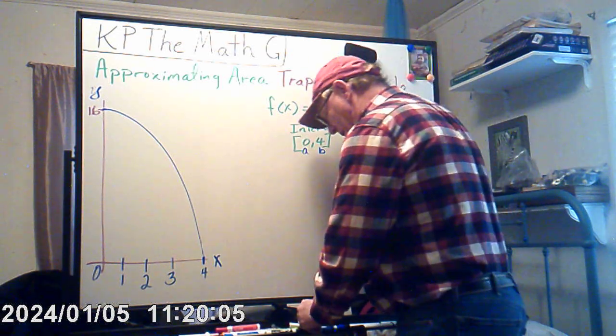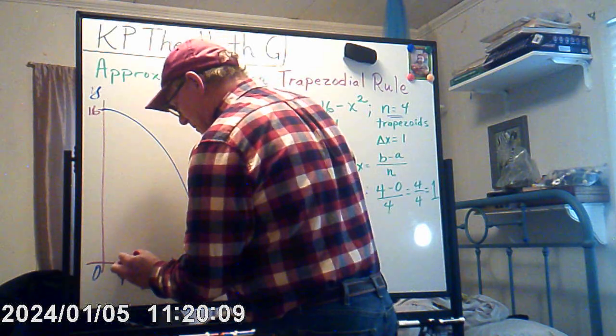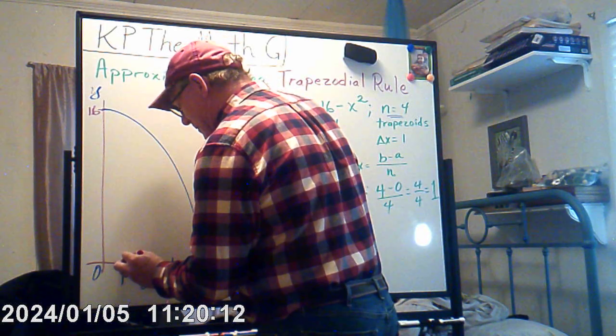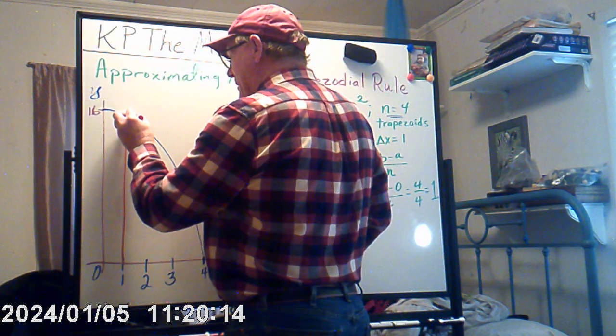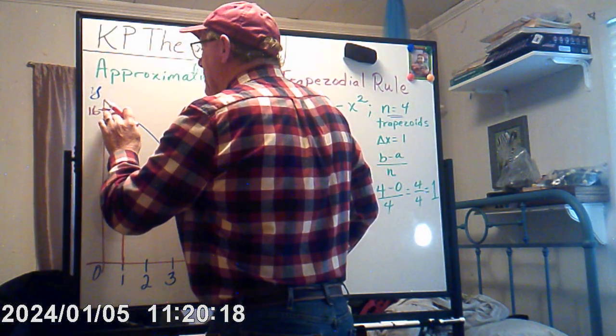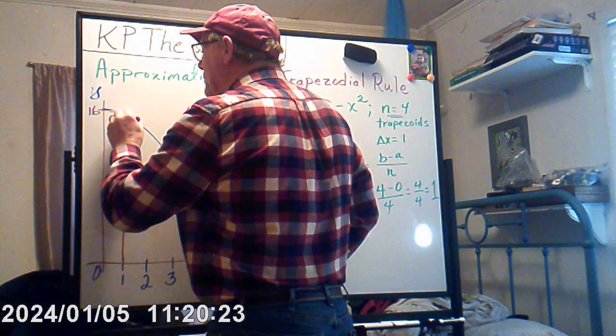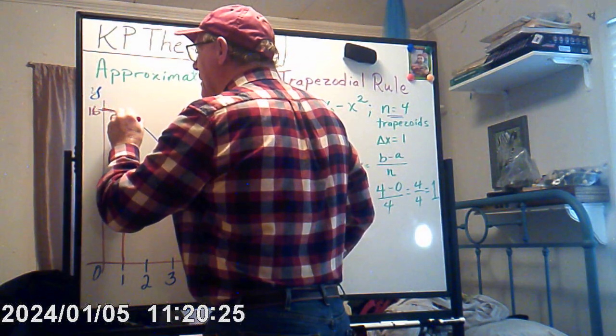What I want to do is draw 4 trapezoids here. We're going to start at 1 right here, go straight up, and make a trapezoid out of this. It's supposed to go straight to the line here, like that.